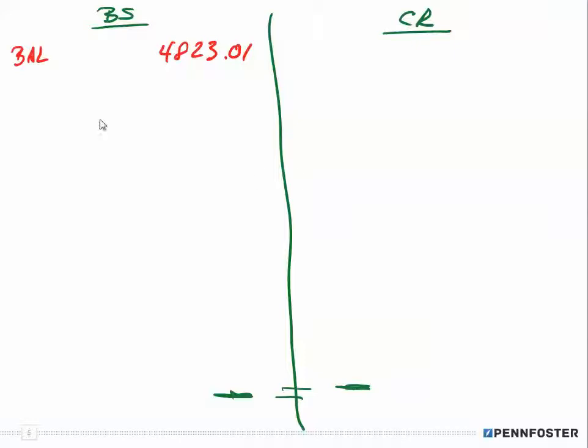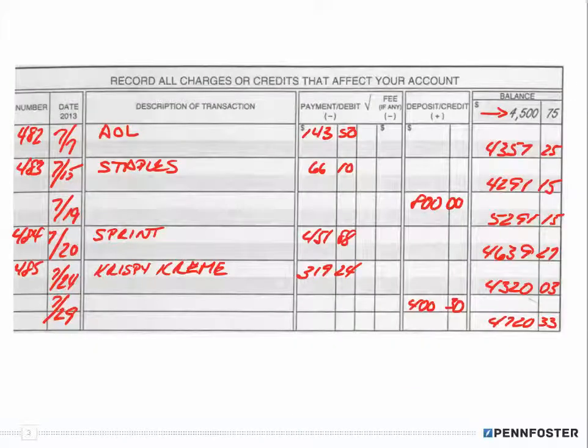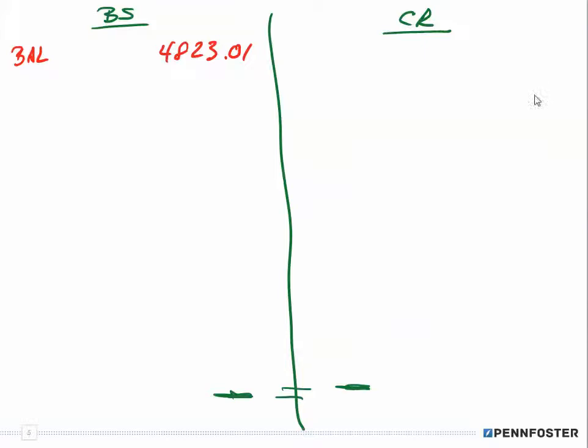And in our check register, go up, our balance was here, 4,720.33. So that's my balance that I'm using for my check register. So the ending balance on your bank statement and the ending balance in your check register is the beginning balance that you're going to use when you're doing your bank reconciliation.